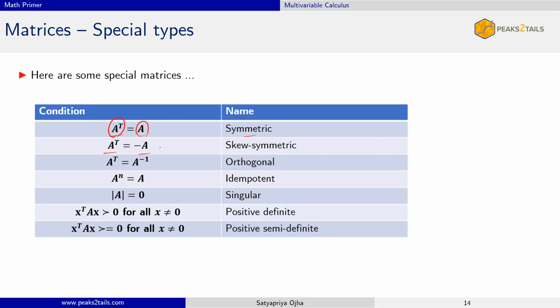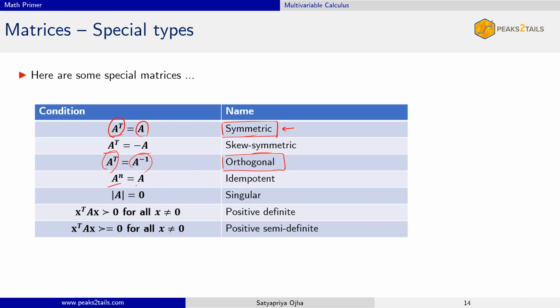If A transpose is minus A, it's called a skew symmetric matrix. See, for our purpose, primarily, which matrices are important? This is very important. This is a little bit important here and there, not as important as symmetric matrix. So what is orthogonal matrix? Transpose is equal to inverse.